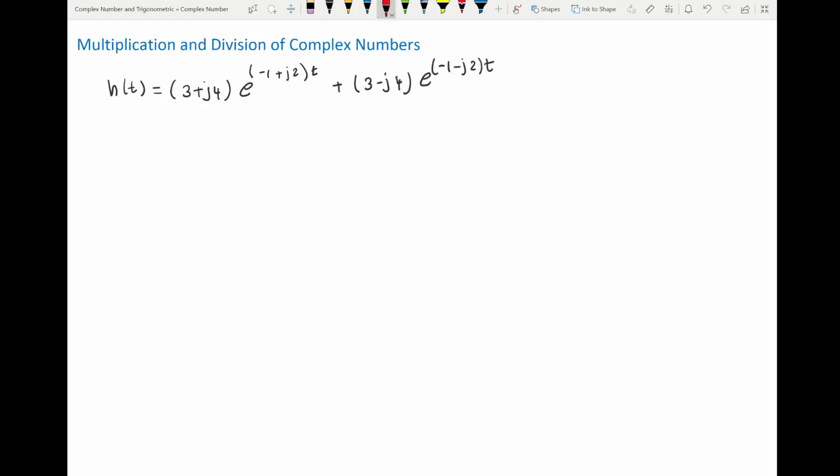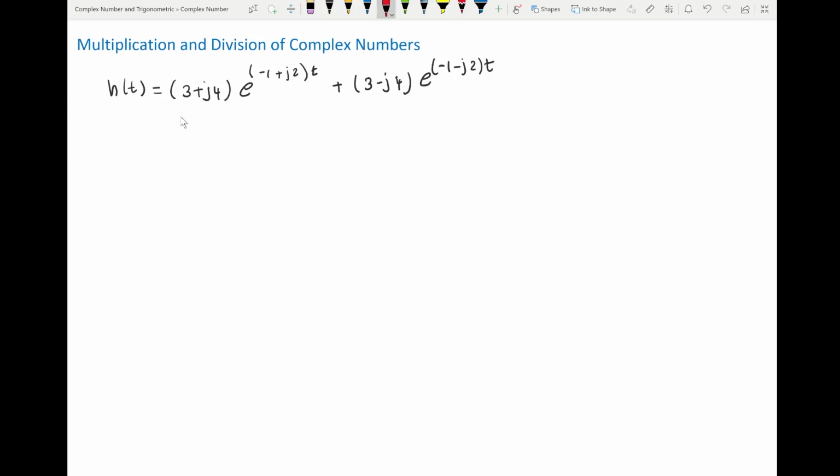Now this function has these two complex numbers in rectangular form and they are conjugate of each other. And this complex number is multiplied by a function of time that has a complex number, which is this one. Since h(t) is a real signal, it should not have a complex number. So let's see how we can rewrite this function to eliminate any imaginary part inside this function like j.